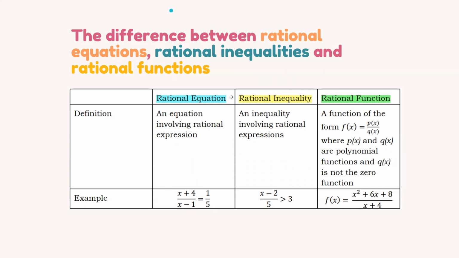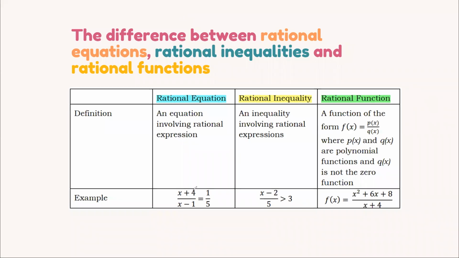If you notice, in a rational equation, how many types of variables are there? We only have x, right? We don't have y, we don't have f of x. The whole expression just involves x, and we can extract x from the equation.